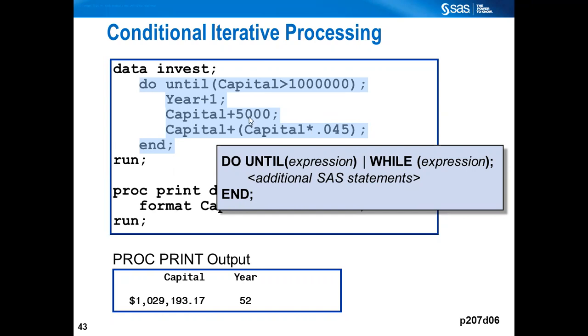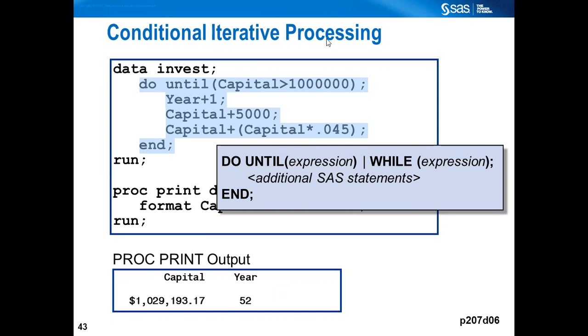It will keep on incrementing with 5,000 until it exceeds 10 lakhs. So you're incrementing capital including your interest. END. It takes 52 years for this value to exceed 10 lakhs.